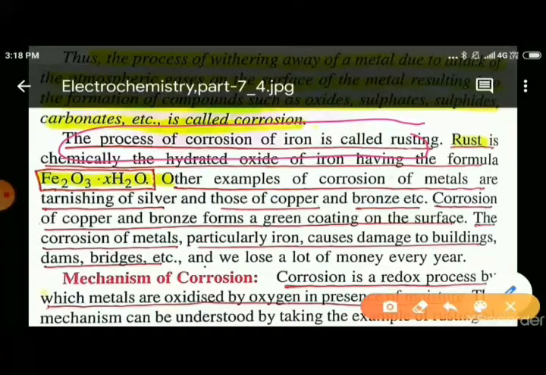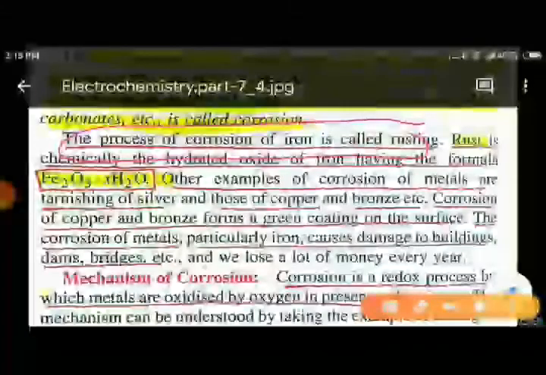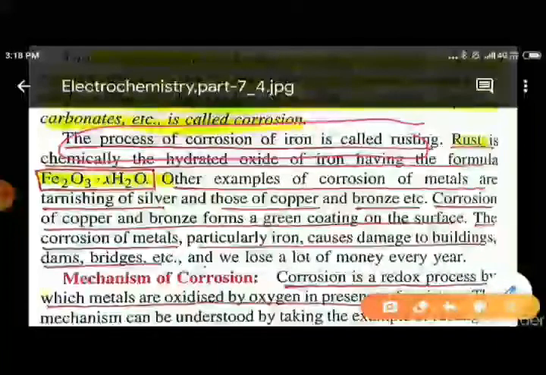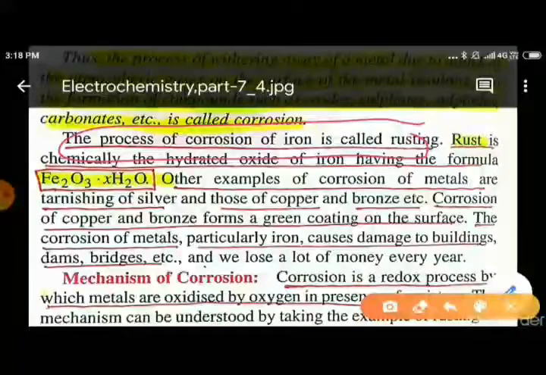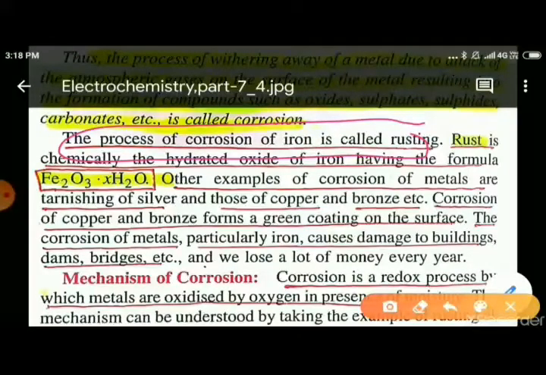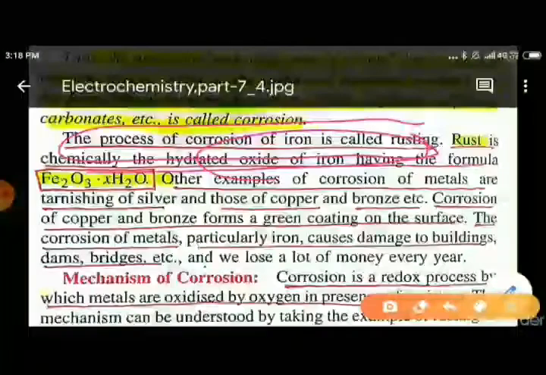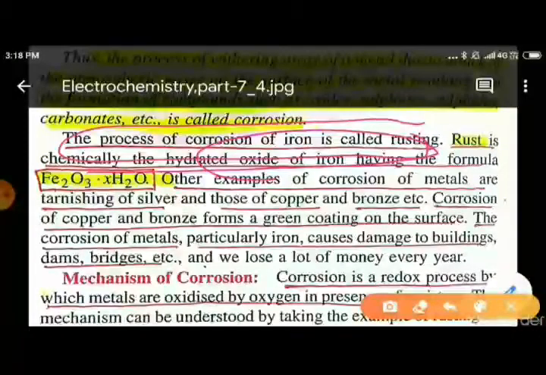The metal reacts with atmospheric gases and moisture to form a layer around it. Due to that, the metal is weakened and its strength decreases. In the case of iron, we call this rusting. Chemically, rust is the hydrated oxide of iron having the formula Fe2O3·xH2O.